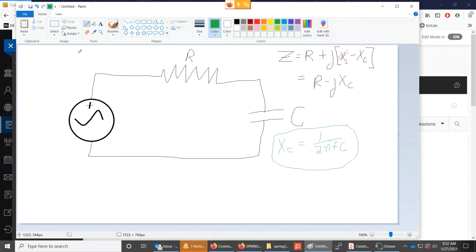This is equivalent to resistance in the fact that it impedes current flow. The C just means that's the capacitance of the device, right? It's got the 2 plates and the dielectric, and so that's just the capacitance of the device. But X of C stands for the capacitive reactance, and it indicates the opposition to the current flow to an AC voltage.